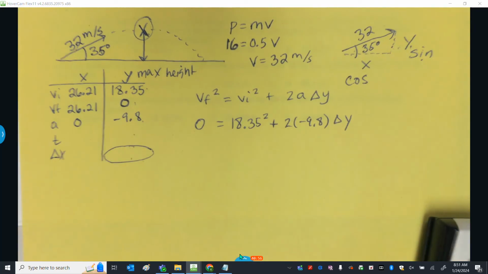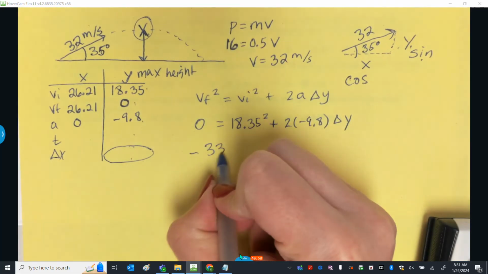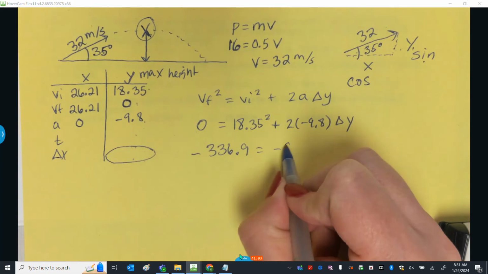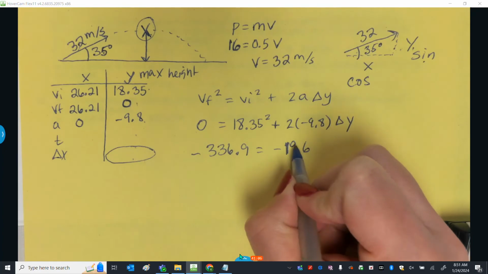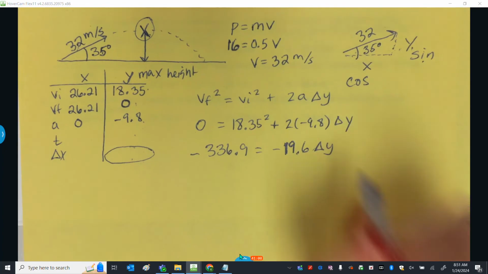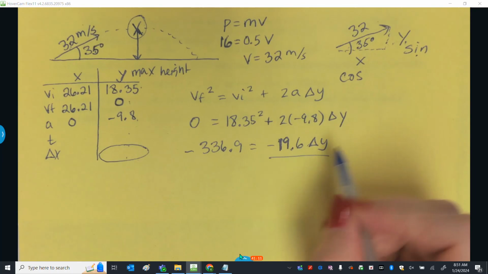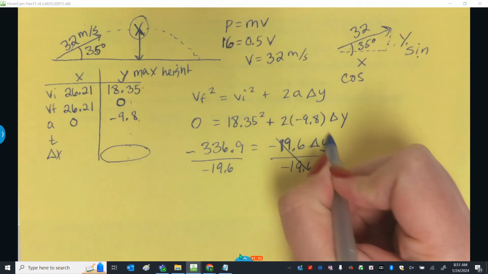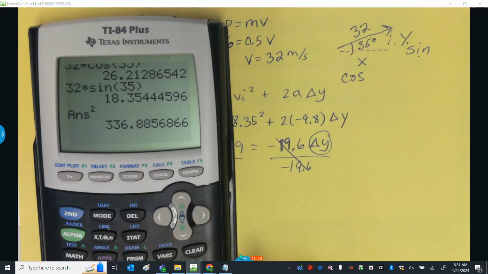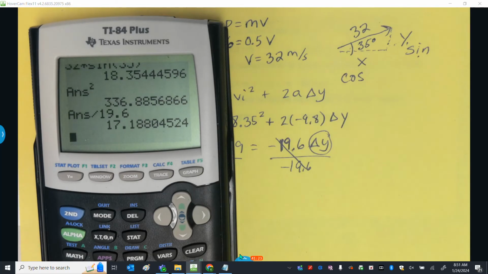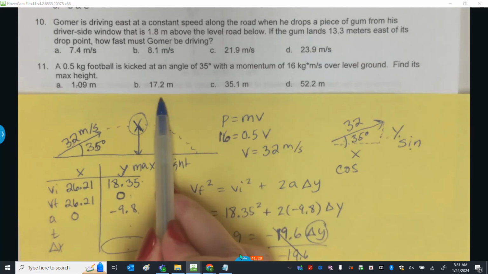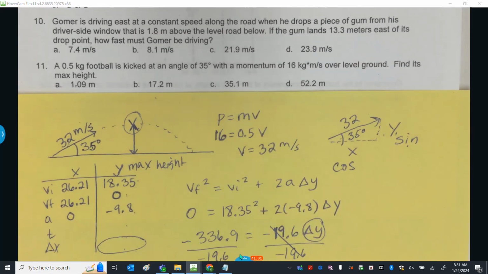So that's going to be negative 336.9 equals 2 times negative 9.8 is negative 19.6 times delta Y. Okay, from here we're going to divide both sides by negative 19.6 to isolate our variable, and those negatives are going to cancel, so I just need to divide this by 19.6, and that's my answer. 17.2. Let's take a look. That's answer choice B, 17.2 meters. That will be my max height.